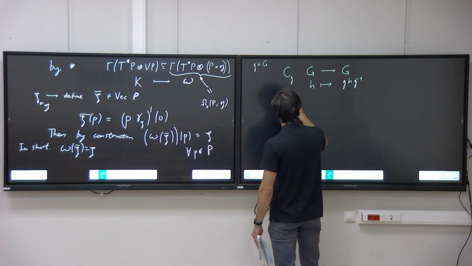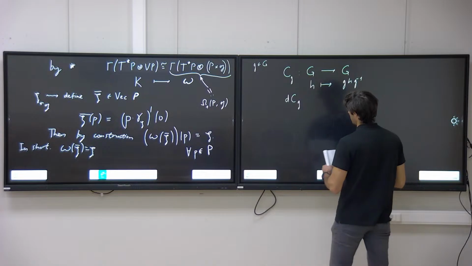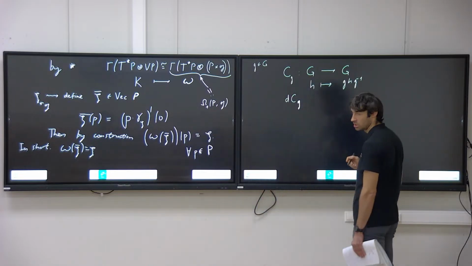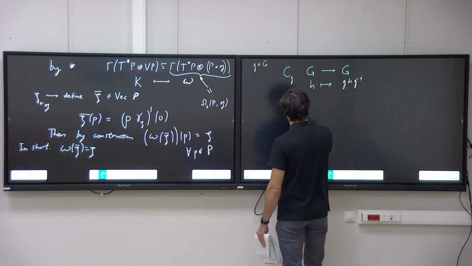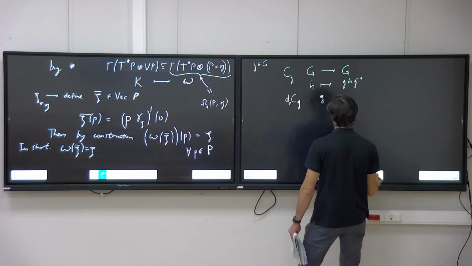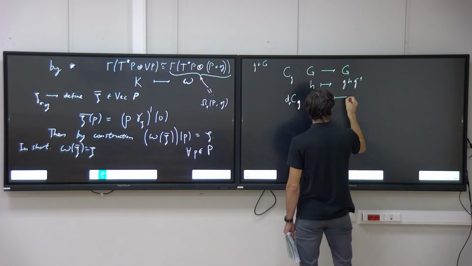So I can consider the differential of C_G at the point E. This will be from T_E G to T_E G, which is just from Lie algebra to Lie algebra. This is a linear map.